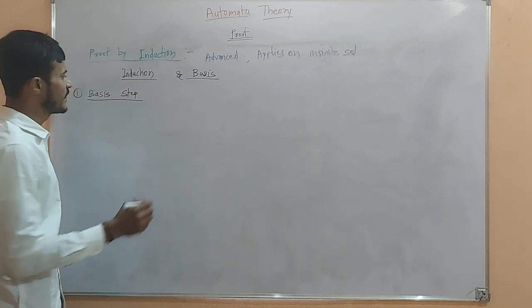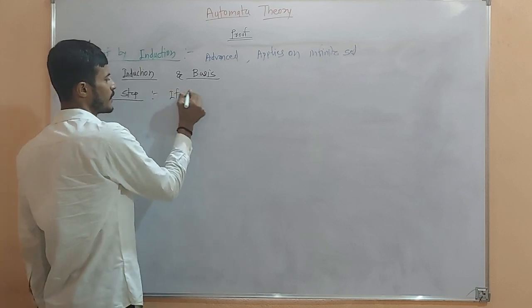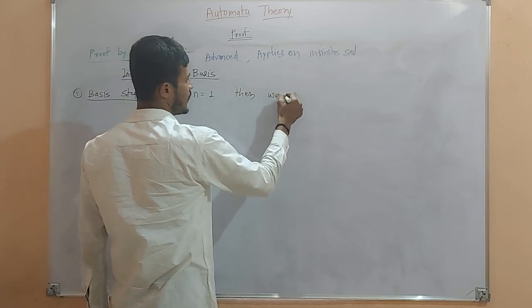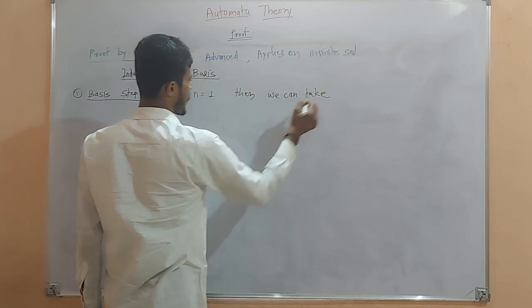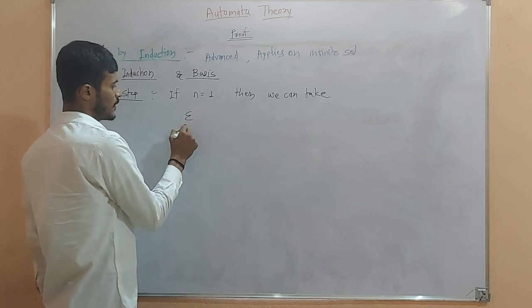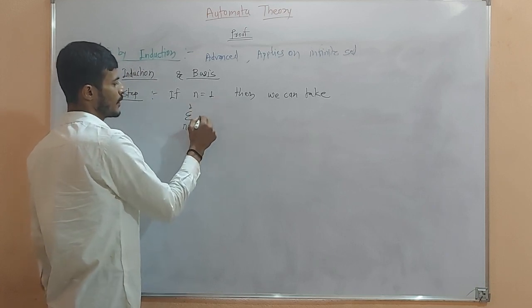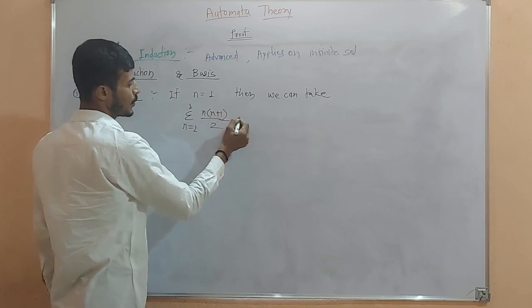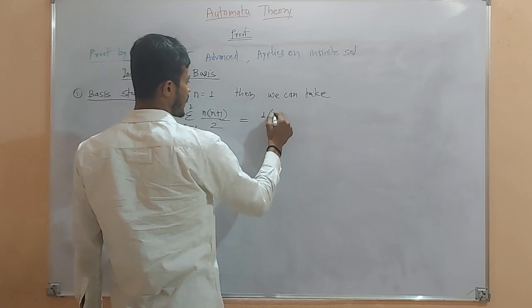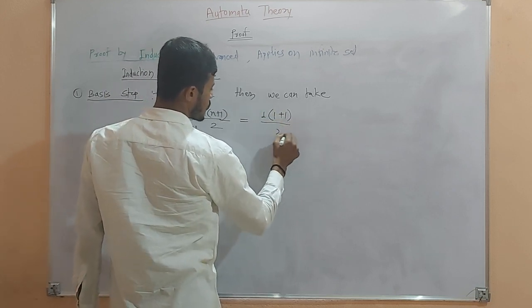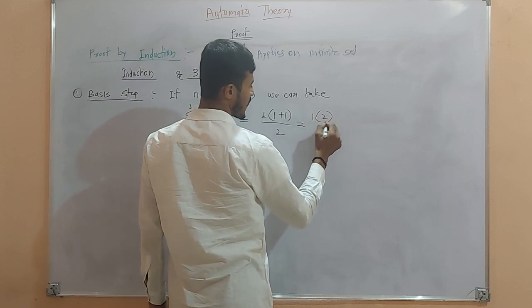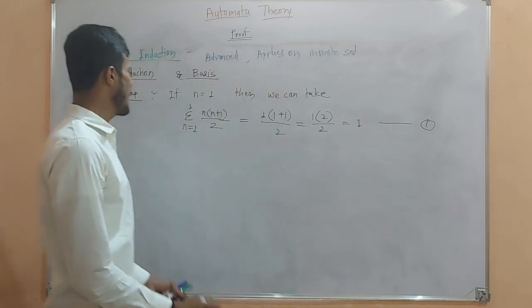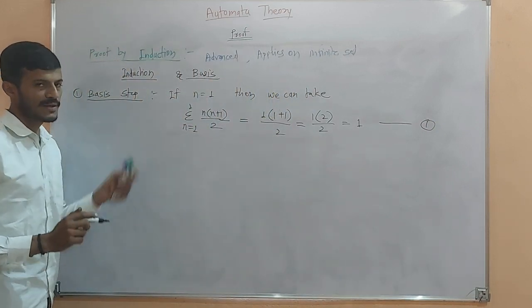So what is the basic step? If n is equal to 1, then we can take the summation from 1 to 1, which will be n(n+1)/2, which is nothing but 1(1+1)/2, which is simply 1 times 2 by 2, which is equal to 1. That is equation number 1, and this one is the basic step.